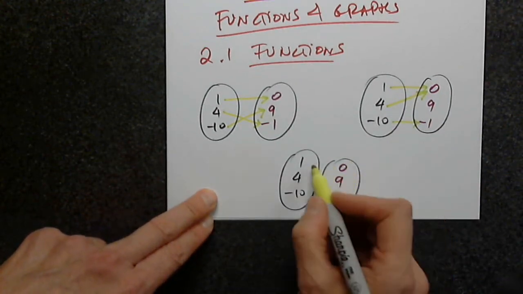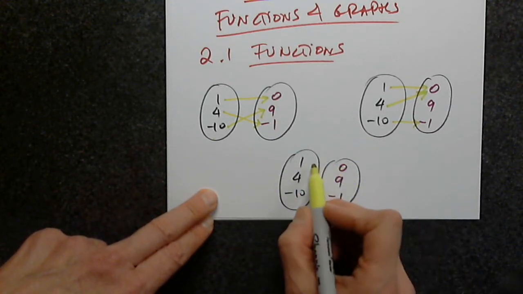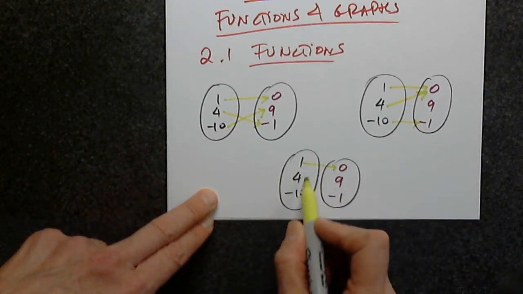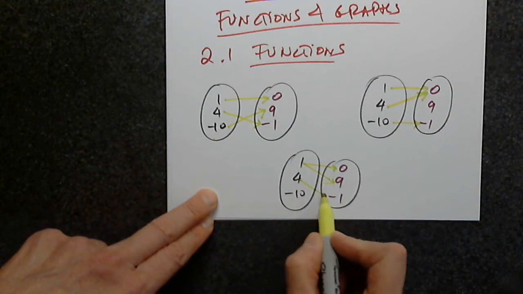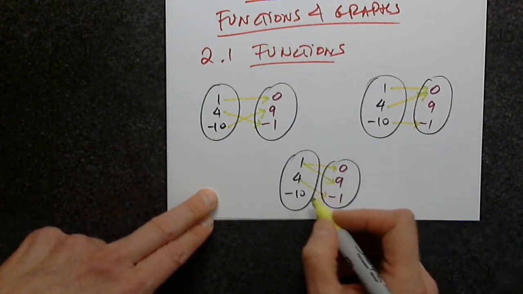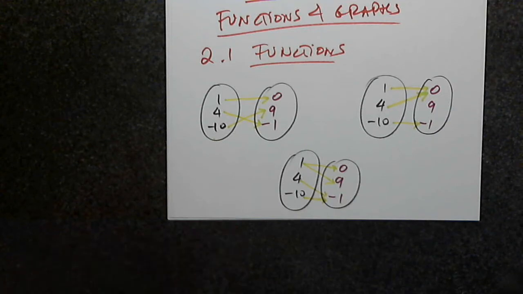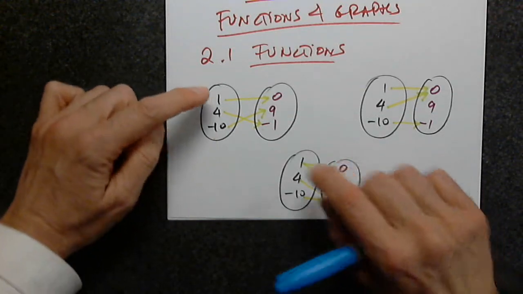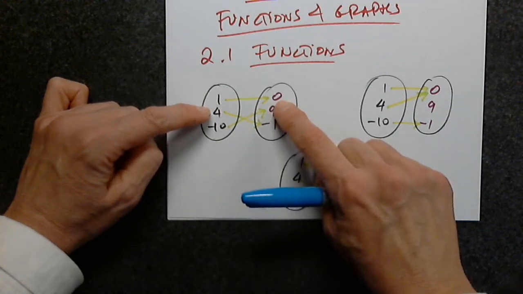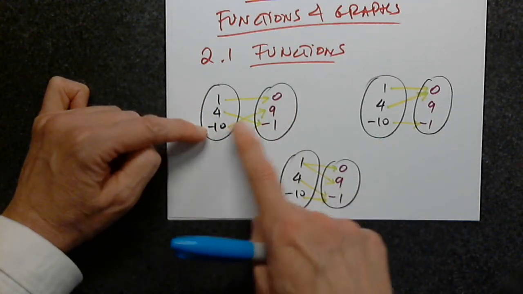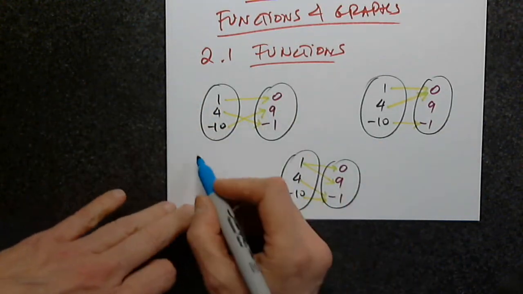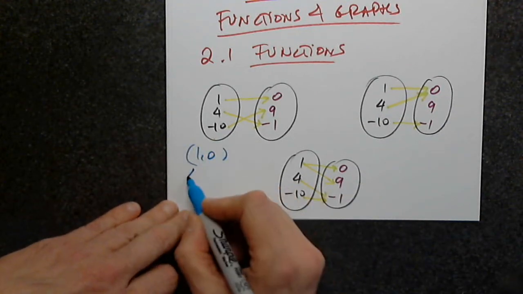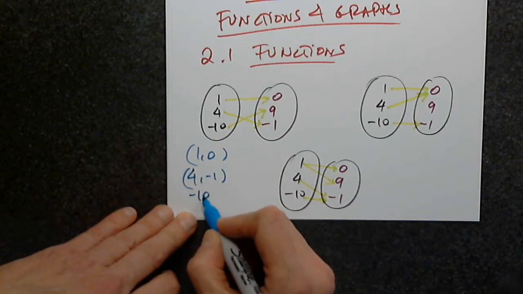And in the third pair, I will connect 1 to 0, 1 to 9, 4 to -1, and -10 to -1. Now let's analyze all these 3 situations. In the first situation, I see 1 corresponds to 0, 4 corresponds to -1, -10 corresponds to 9, and I could write 1, 0, 4, -1, and -10, 9.